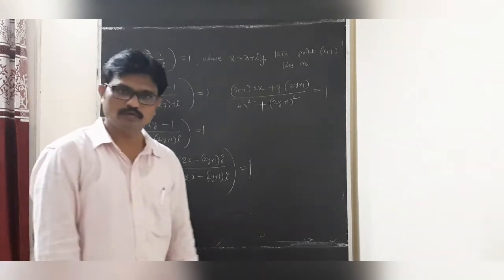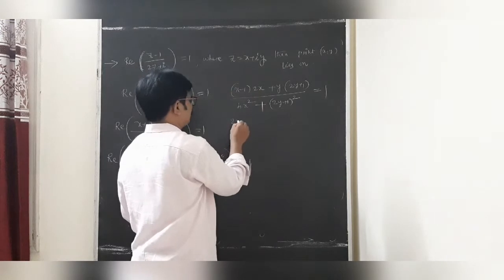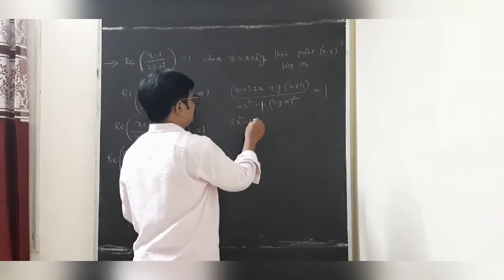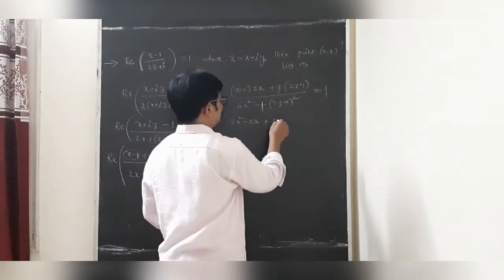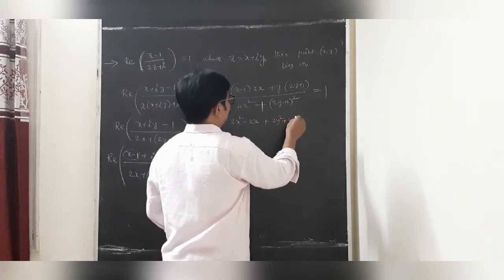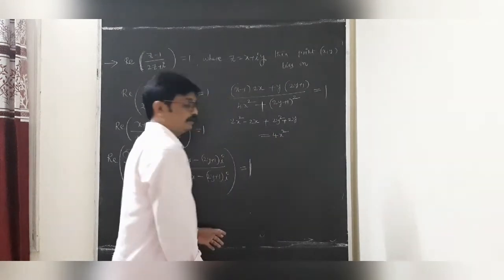Okay students, now this is 2x into x, 2x square minus 2x. After then students there is 2y square plus 2y. This is what? 4x square.